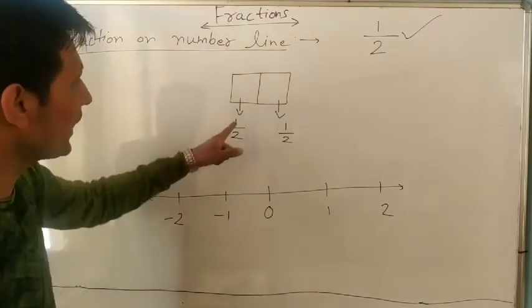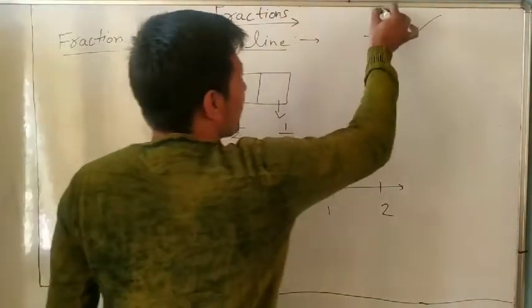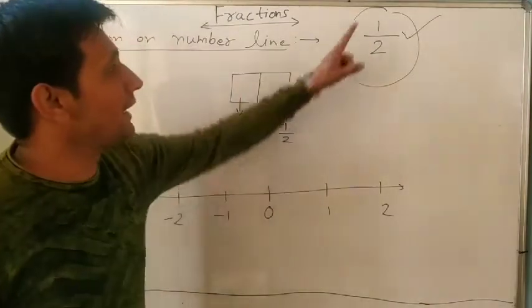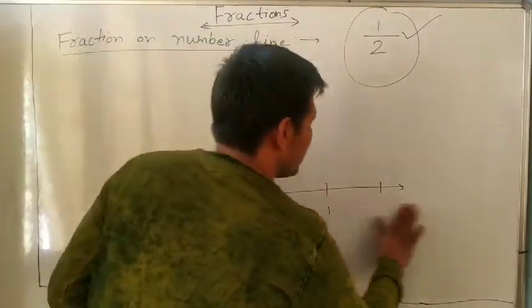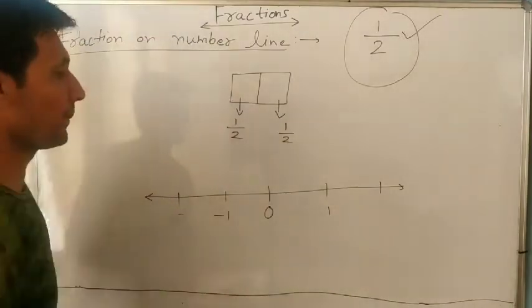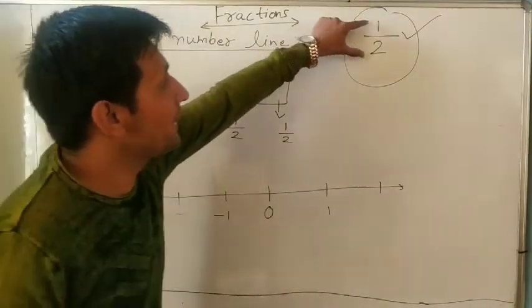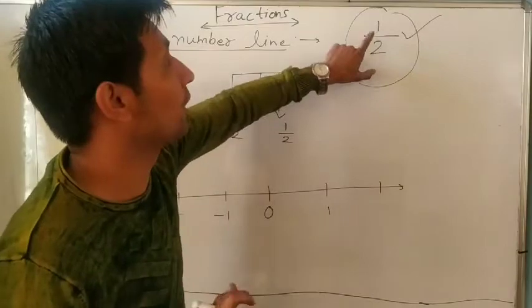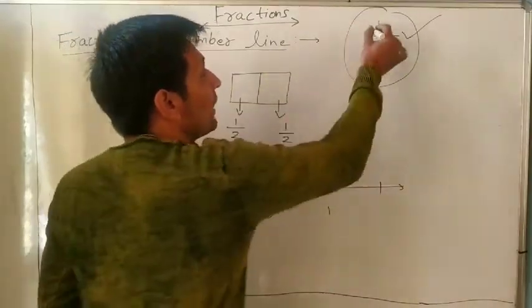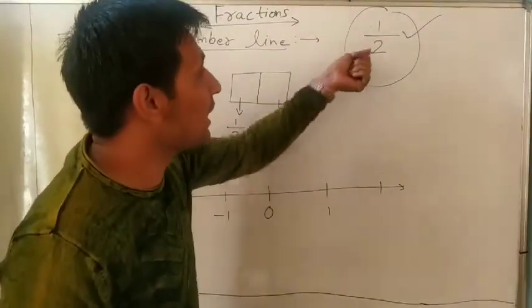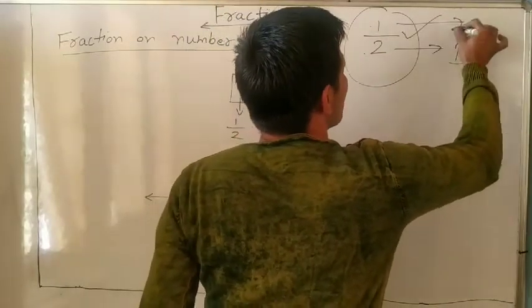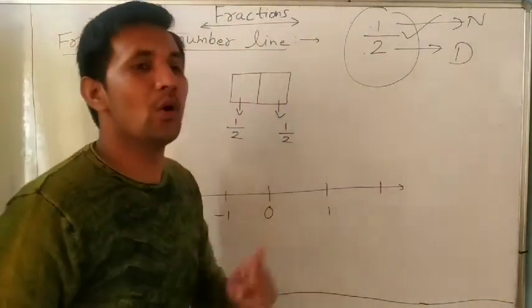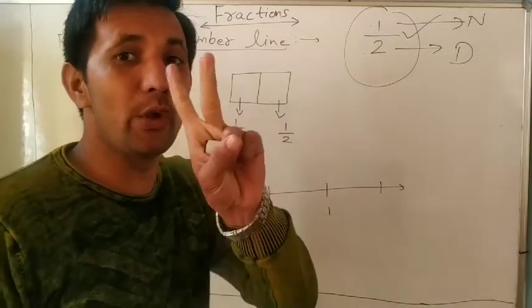Yes, we want to represent 1 upon 2. 1 is out of 2 equal parts. So how many equal parts? 2 equal parts. Because in 1 upon 2, this is the denominator and this is the numerator. 1 by 2 means 1 out of 2 equal parts.